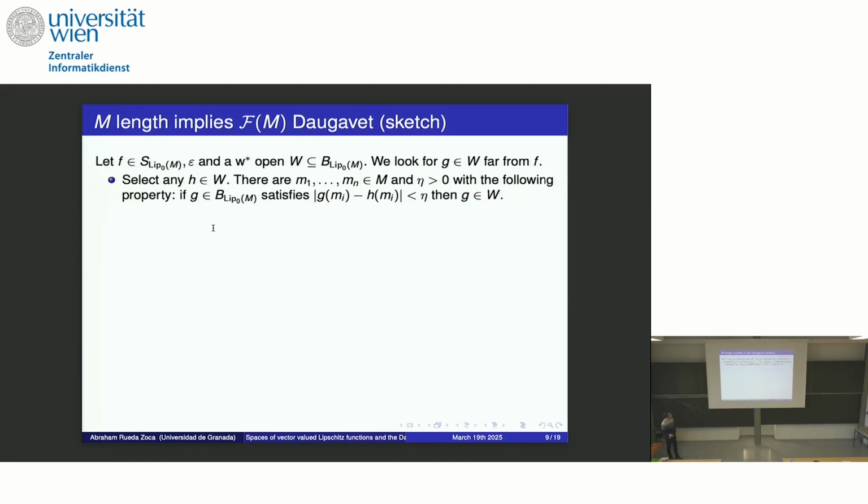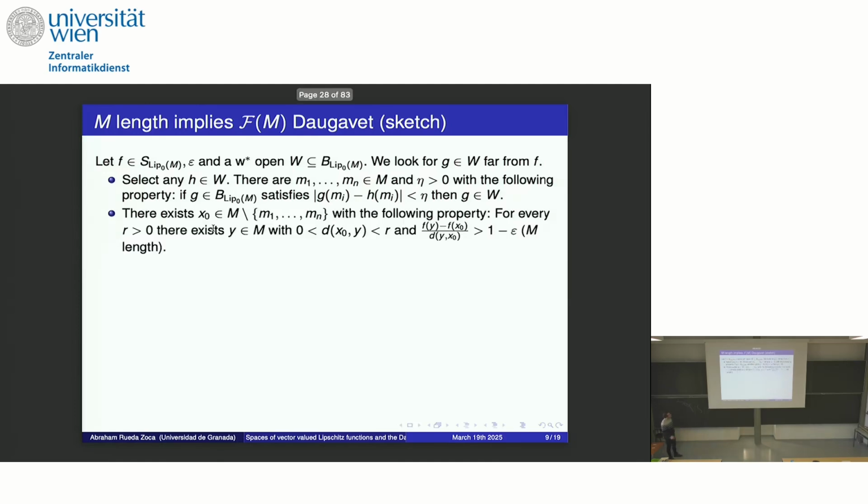Okay, once we have these points m_i, we can find a different point x0 with the property that, given any r, you can find y in M, which is r close to x0, and so that the incremental quotient of f is big.